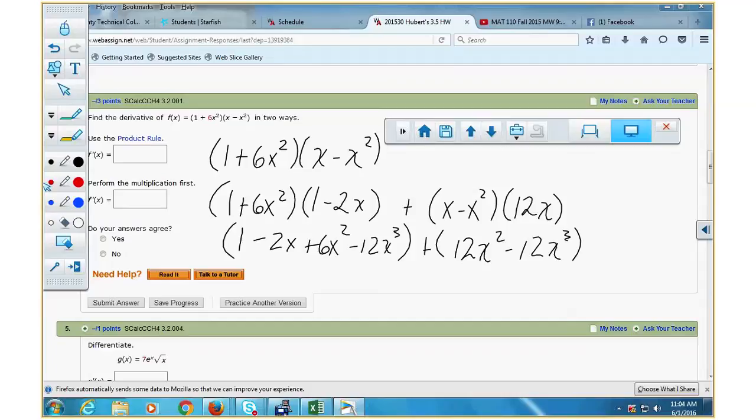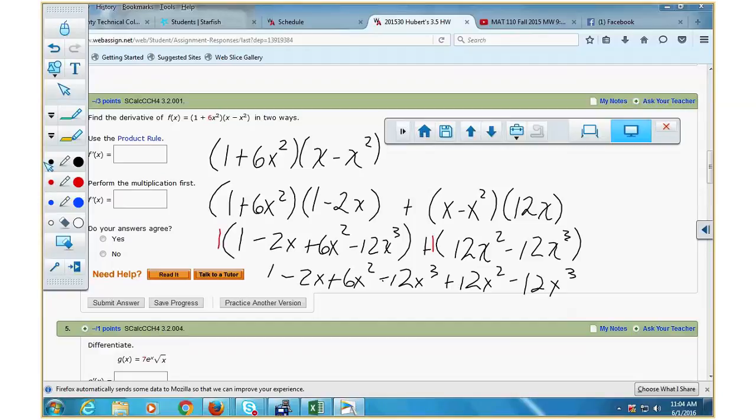No, you just have to combine terms. That sucks. All right, so 1 minus 2x plus 6x squared minus 12x cubed plus 12x squared minus 12x cubed, because I distributed this one, that one right there, and this one right here. Get rid of the parentheses.